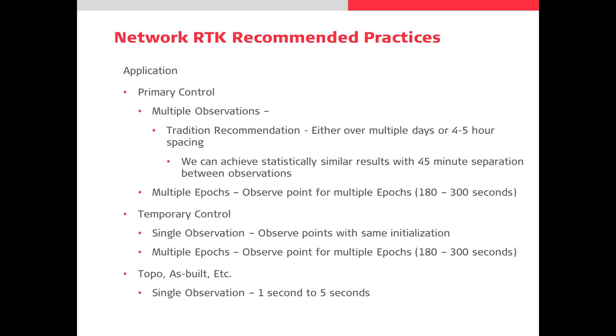This was to handle orbital differences and constellation differences, so we could mitigate their effects between morning and afternoon. Because we're able to do real-time satellite orbits now with a MAX correction, again, this is using network corrections here, we can achieve statistically similar results with only 45-minute separation between observations.